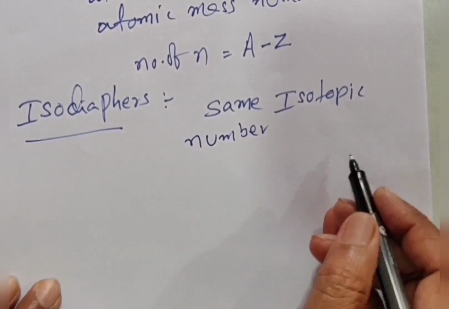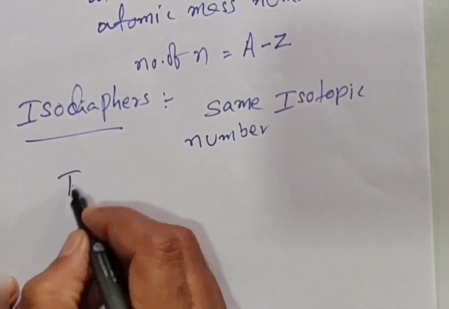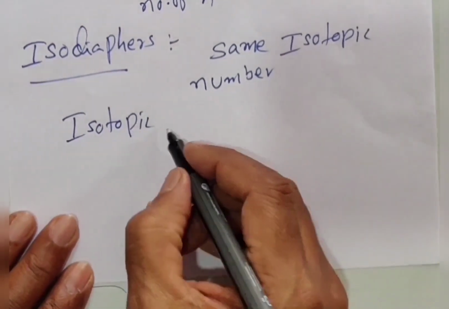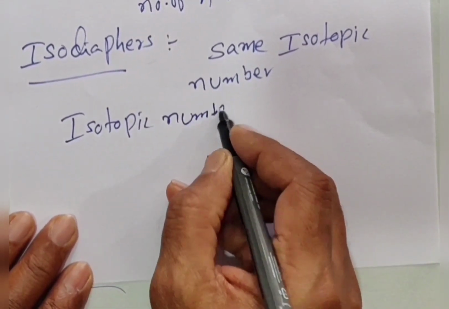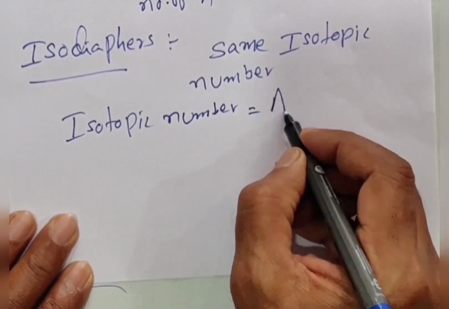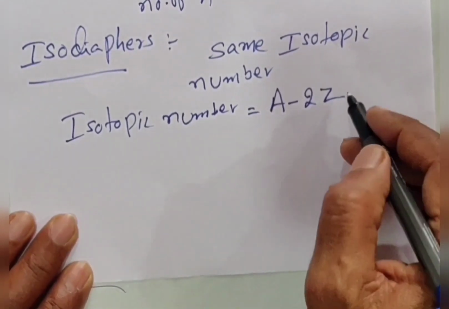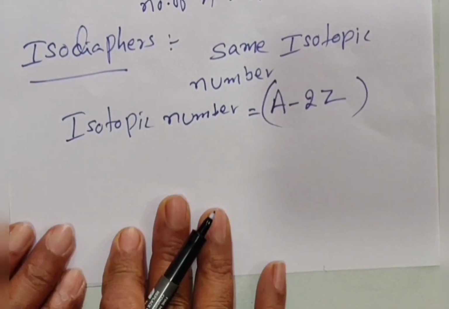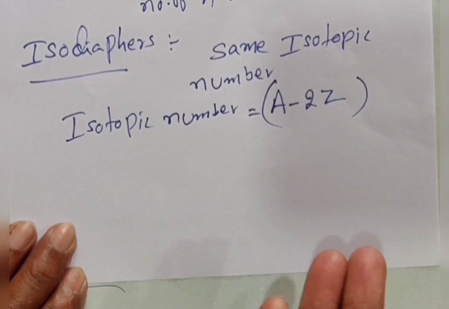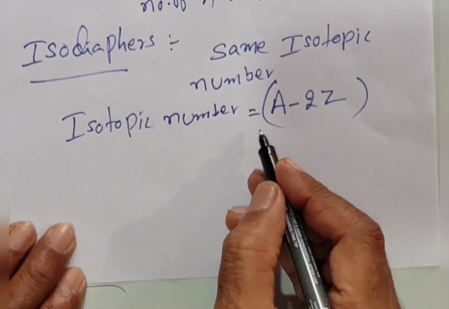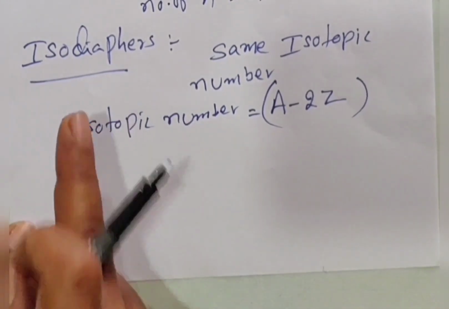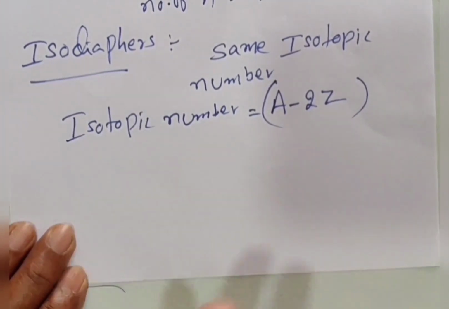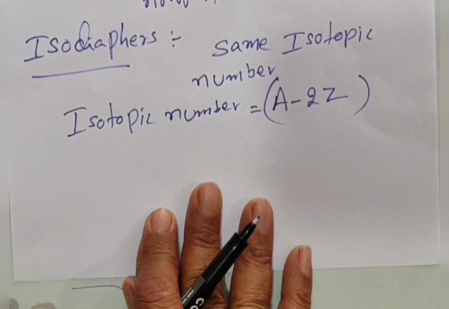How can we calculate the isotopic number? Isotopic number is equal to A minus 2Z, where A is the atomic mass and Z is the atomic number. Those with the same isotopic number are called isodiaphers. These have different atomic mass and atomic numbers also.